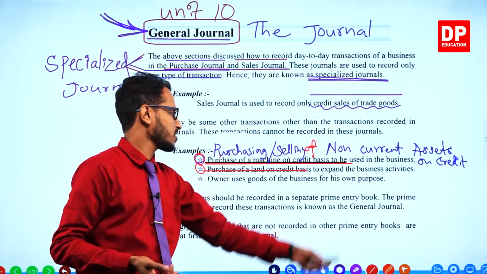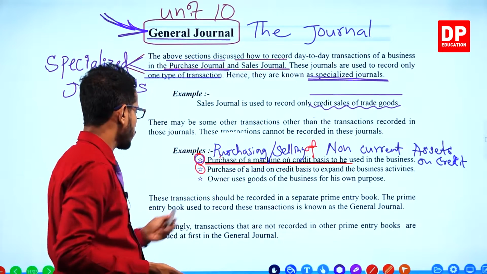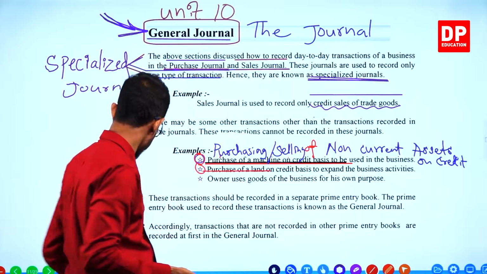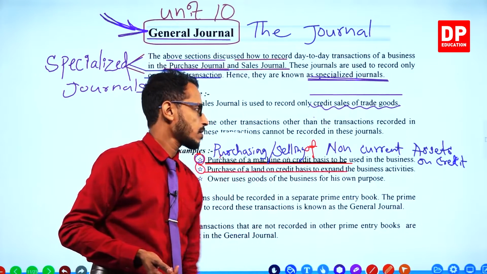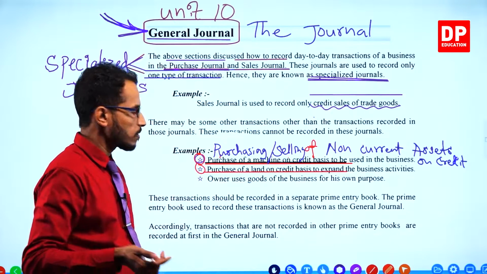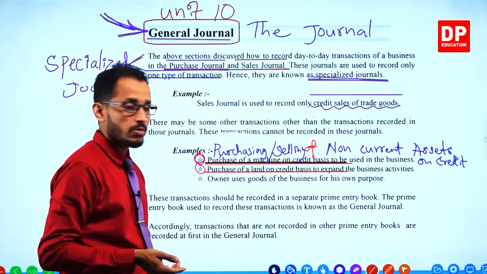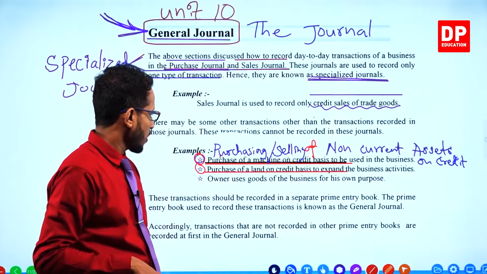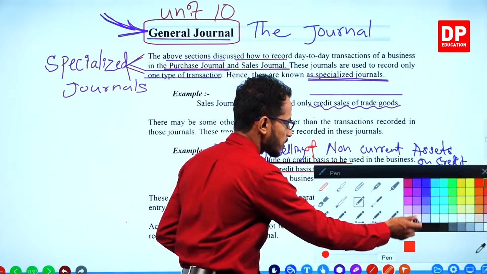So same transaction given again. Purchasing of land on credit basis. Okay, same thing. Second is that.